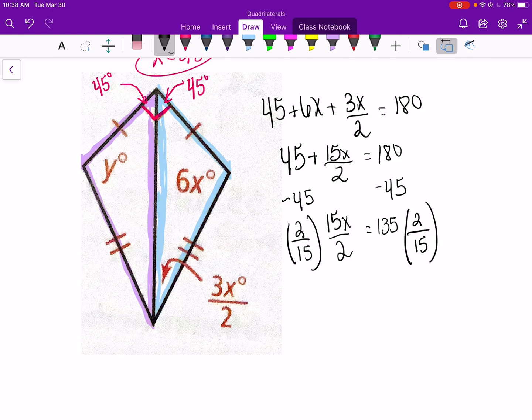And when we do this, we have a 2 on the top and a 2 on the bottom, so those cancel. Then we have a 15 on top and a 15 on bottom. So on the left-hand side, we are just left with x. 135 times 2 over 15. If you type that into your calculator, it's going to give us 18. So x is equal to 18.